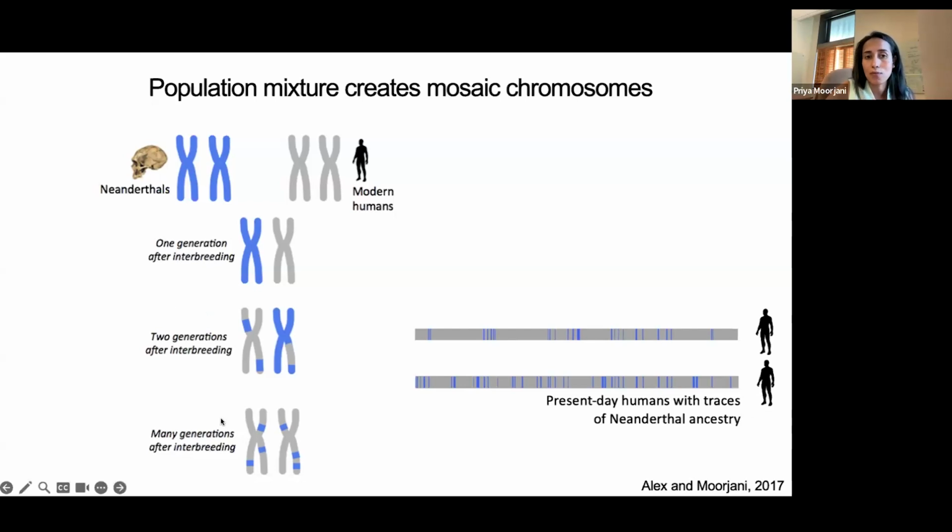Because this process of crossovers occurs rather randomly, what you find is if you take two non-African individuals, they might have Neanderthal ancestry in different positions of their genome. And this process continues in every generation, and you find as more and more individuals are sequenced, we can recover more and more Neanderthal ancestry.